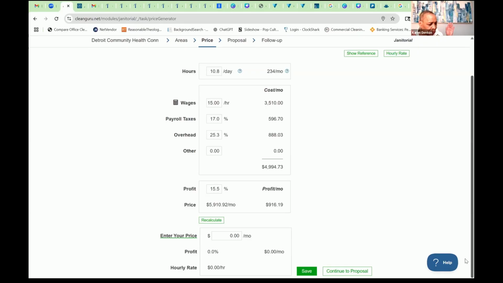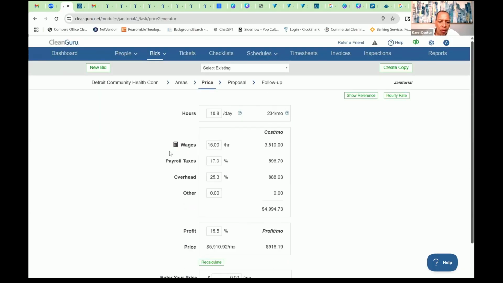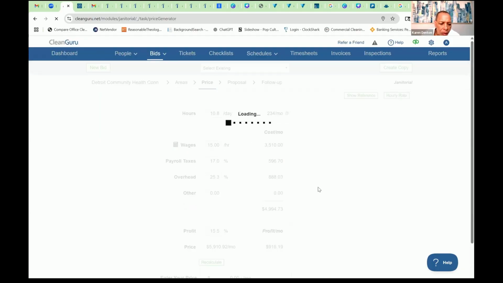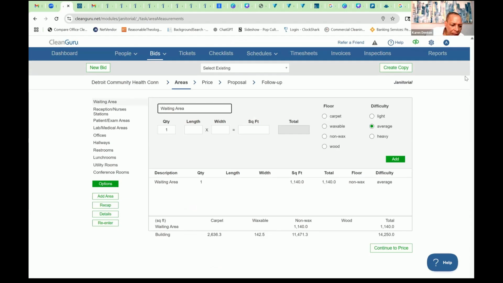Because sometimes it depends on the scope of work. I don't know the scope of work. Go back to the areas tab. How many areas are you doing? See all these on this side here, waiting area, reception.